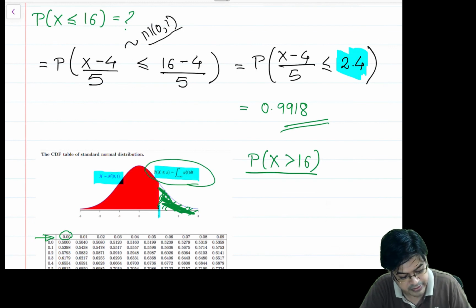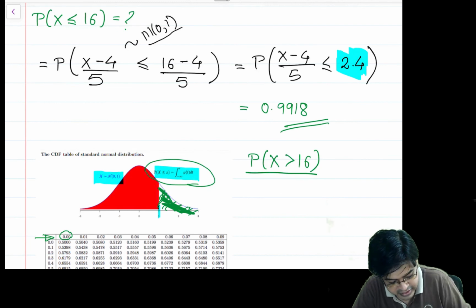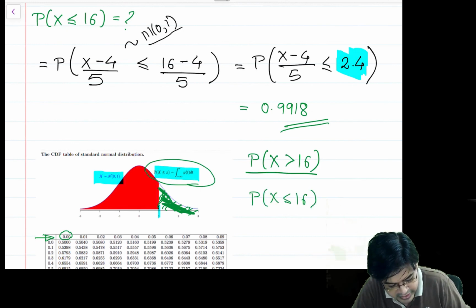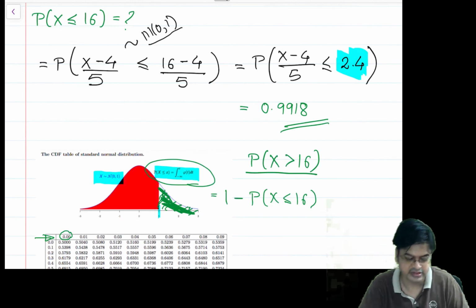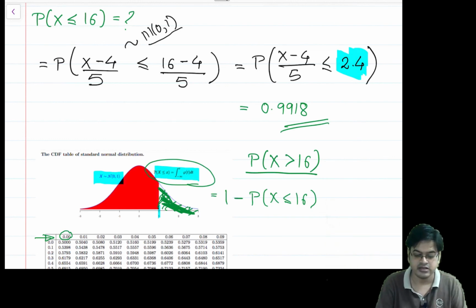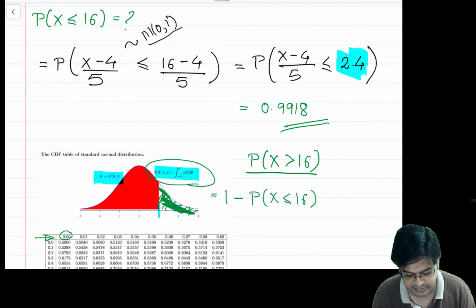So you need to compute this probability and subtract 1 from this. So in particular, whenever you are asked such a question, you always convert it into probability of x for events of the form probability of x less than or equal to 16 and write this. This is a trick that will help you from doing some messy calculations.